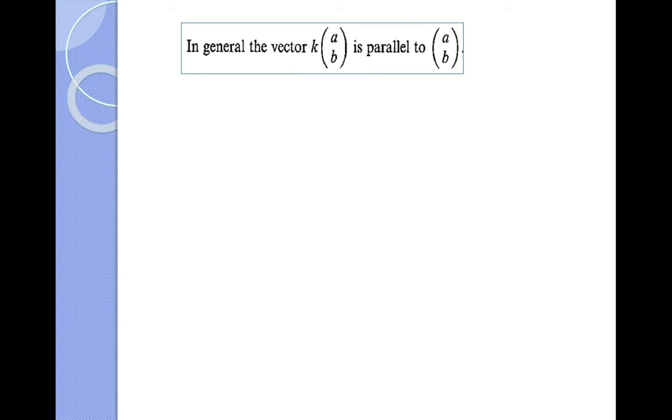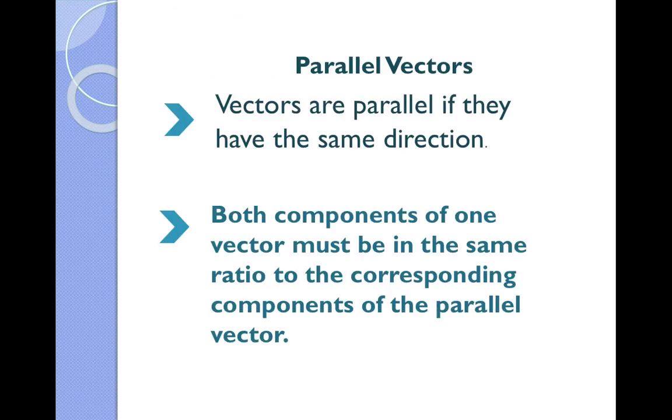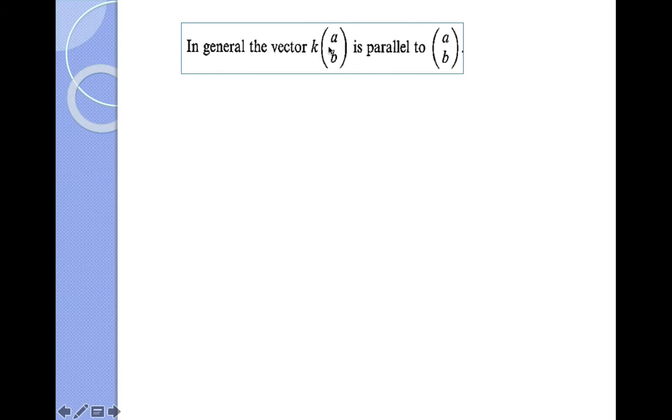parallel vector. Now in general, the vector AB has an x component and a y component. If it is multiplied by a scalar k, this is the format.